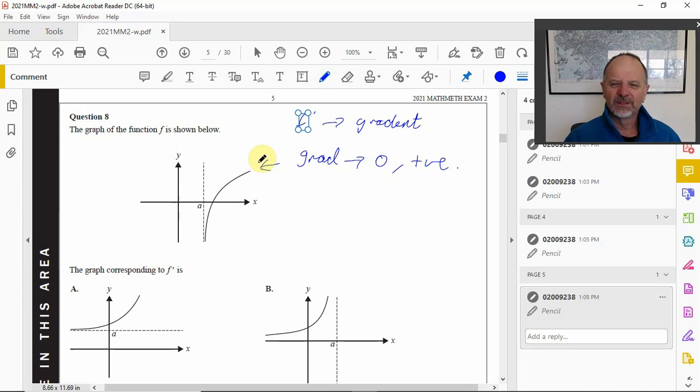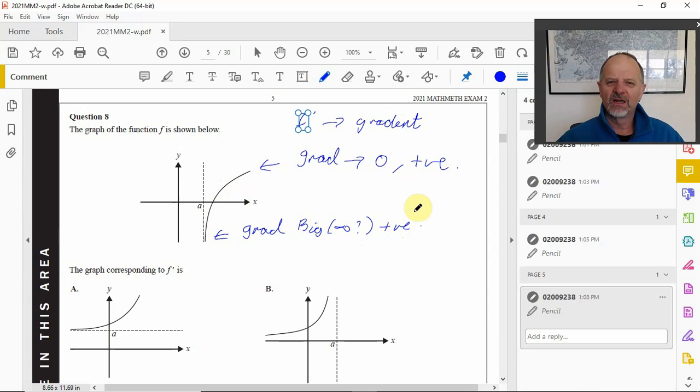It's a positive gradient because it's going up left to right. Down this end here, the gradient is big, infinite if you like, and of course it's positive.